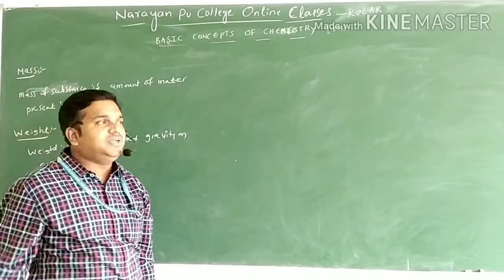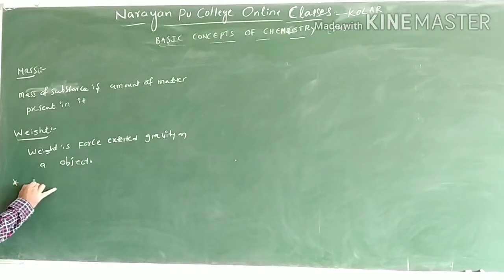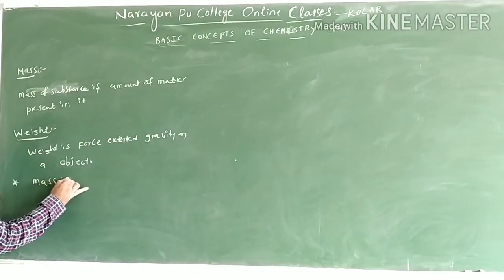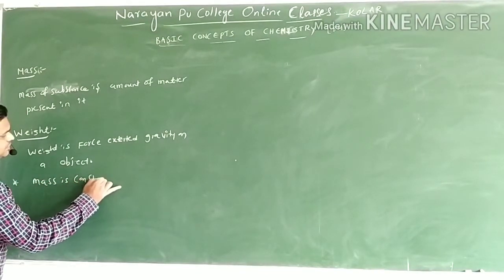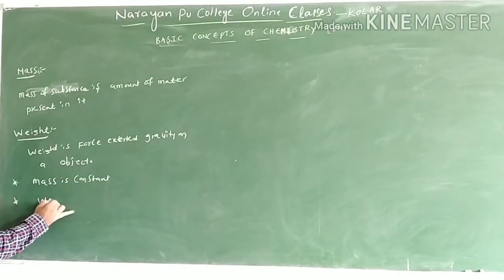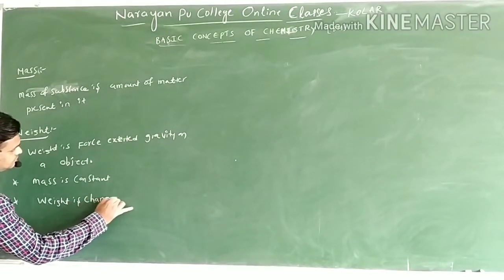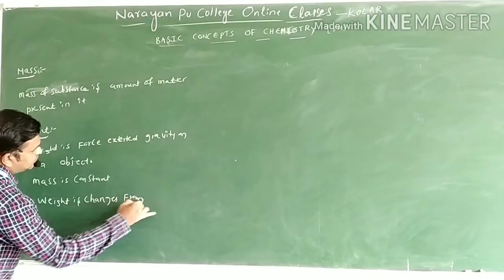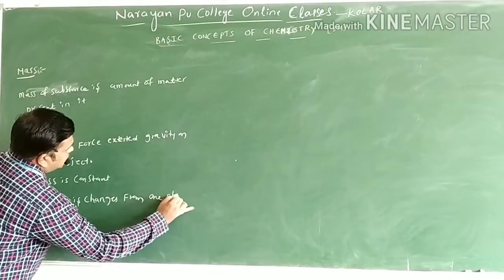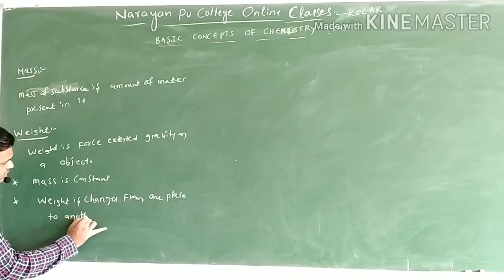What is the difference between weight and mass? Mass is always constant, but the weight changes from one place to another place.